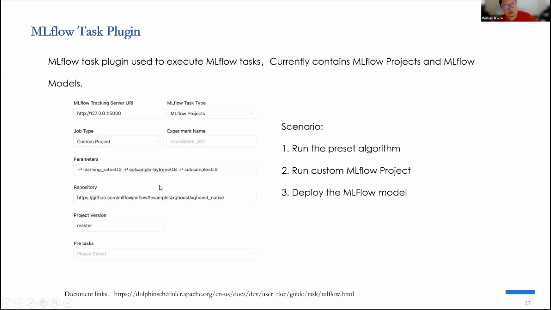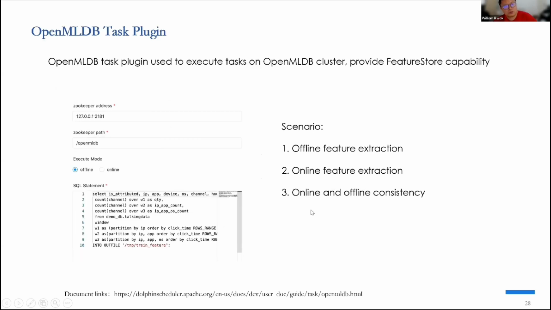And also DolphinScheduler supports the ML task plugin. You can run the process algorithm, run custom ML projects, and deploy the MLflow model. And for OpenMLDB, you can use DolphinScheduler for offline feature extraction and online feature extraction, and keep offline and online consistent together using OpenMLDB.